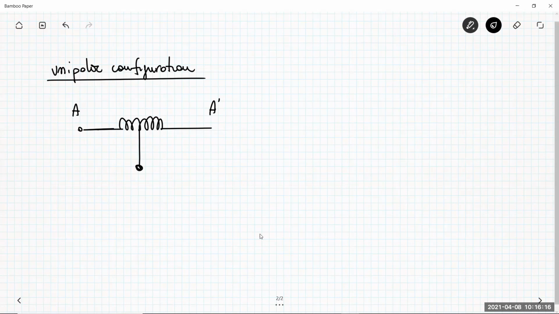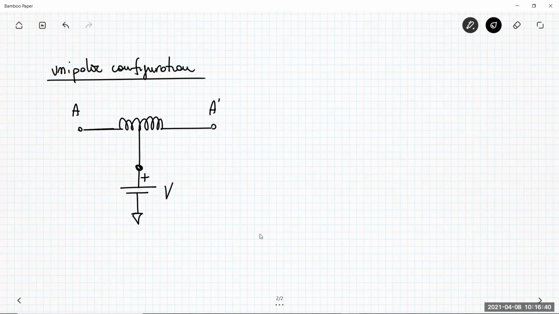And what happens? This common terminal is always connected to a power supply. For example, let me call this V. So this common terminal is always connected to this battery V. And then what happens to these end terminals A and A prime?